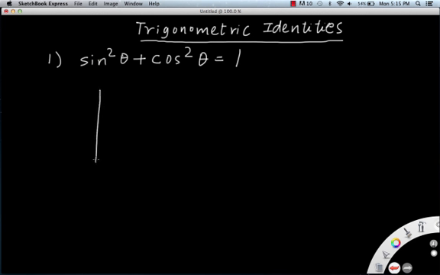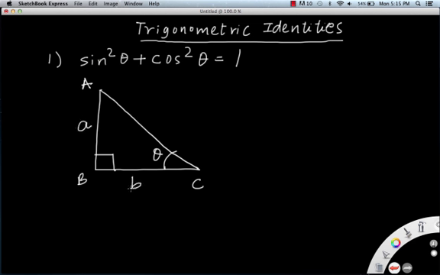So let's draw a right angle triangle and call this angle theta. Call the triangle A, B, C with a right angle at B. Let's call this side a, this side b, and this side c in length.